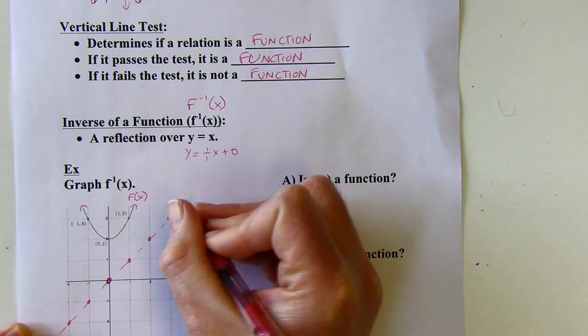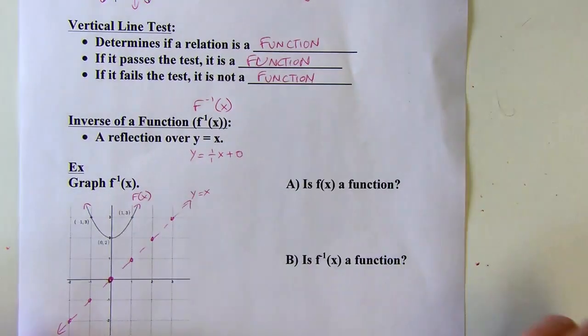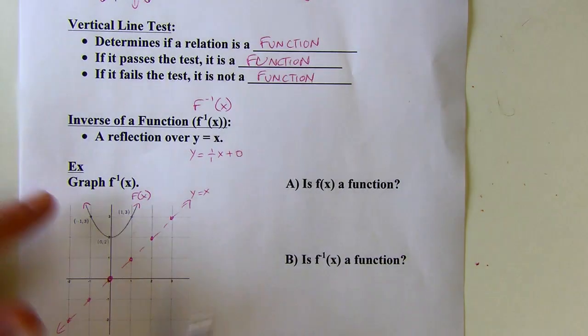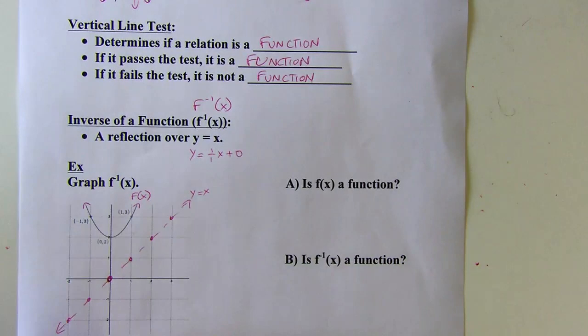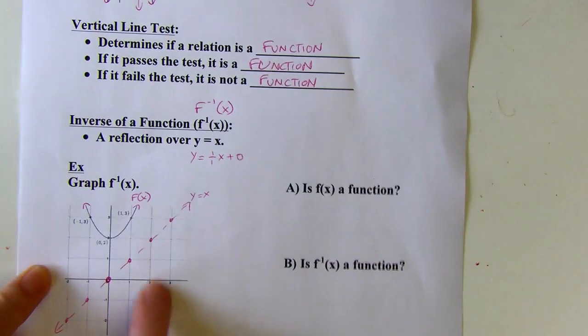So I'm going to reflect this over this line y equals x. You might remember doing this in geometry. The easiest way to do this, you can do it visually, but it's a little hard. It's going to end up over here somewhere, okay?